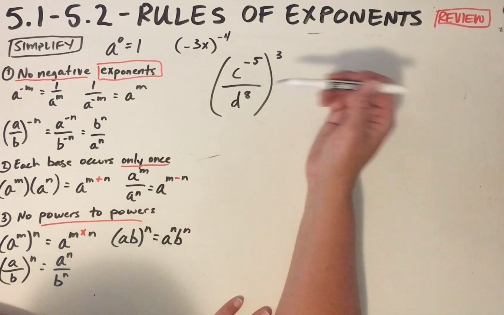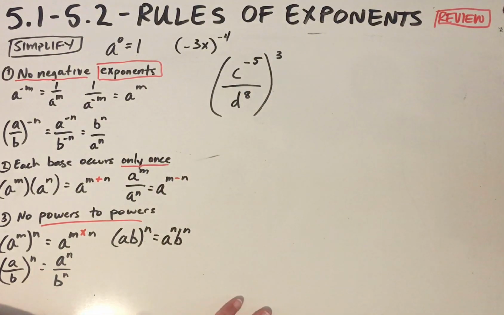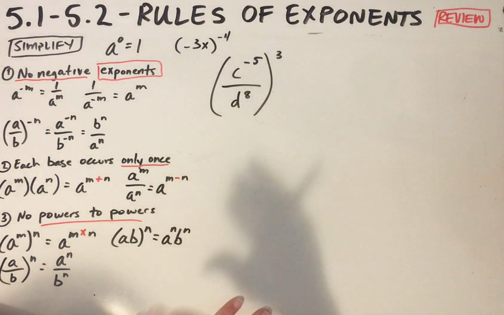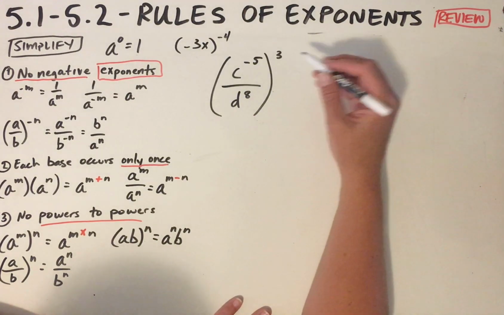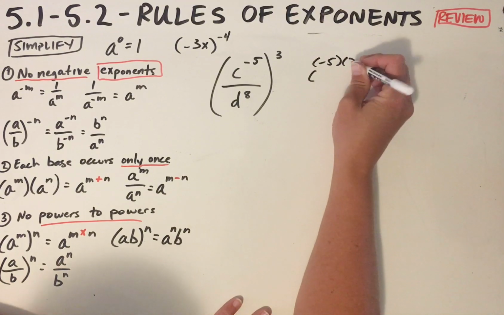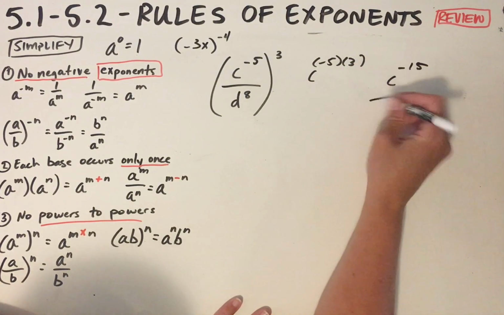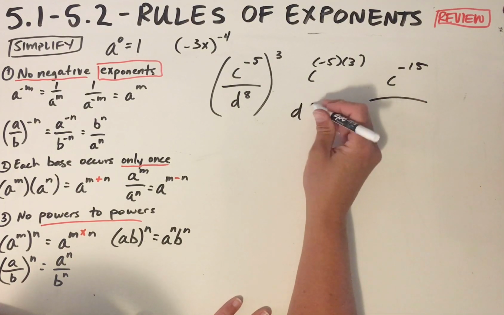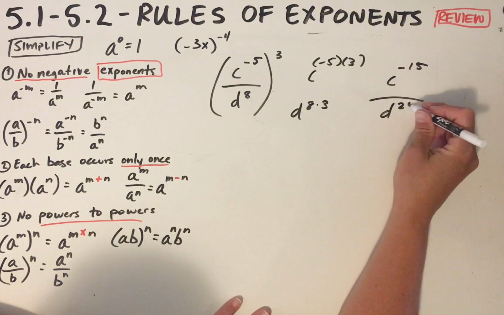I'm just going to do the power first because I can. It doesn't matter which order you do these steps, but make sure you do this systematically so you don't get all confused. First I'm going to say, I don't want any powers to powers, so I'm going to do c to the negative 5 times 3, which is c to the negative 15. And d to the 8 times 3, which is d to the 24th.